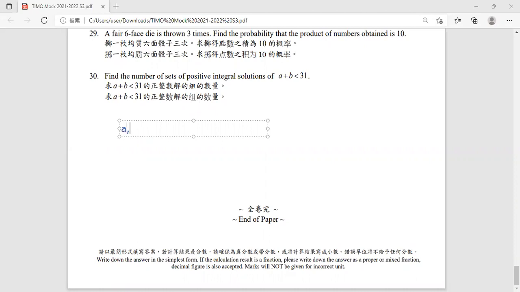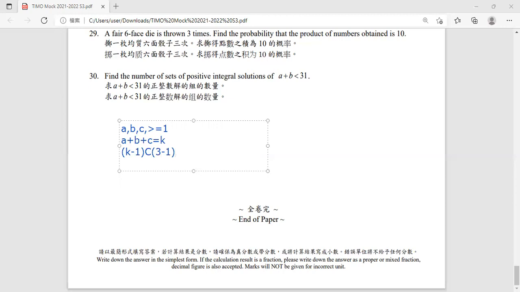If a, b, c are greater than or equal to 1, then a plus b plus c equals a number K, and this case will be K minus 1 C 2, because I have three numbers.